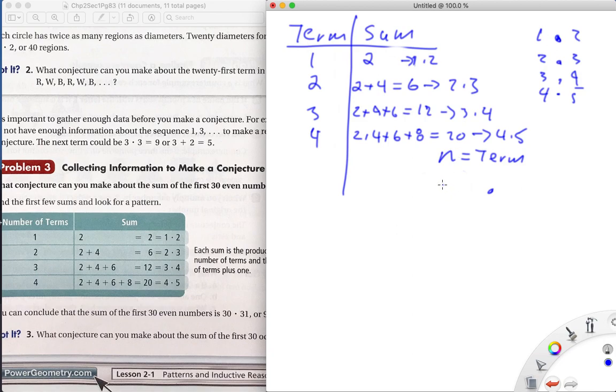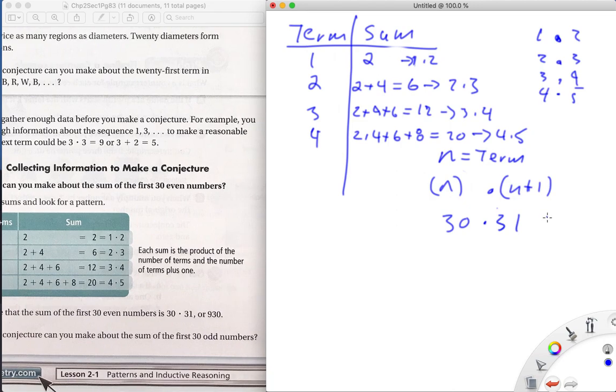It will be n times n plus 1. Now that I think about it, n is the number of terms. So if it was the 30th term here, it would be 30 times 31, and that would give me 930. So I would say that the 30th term is 930 by looking at this pattern.